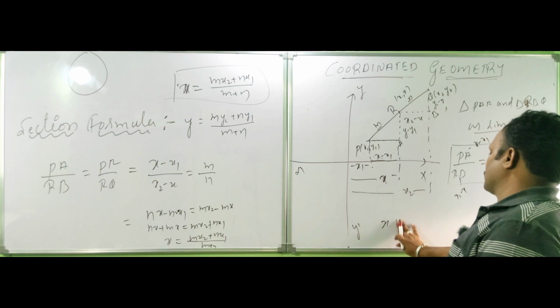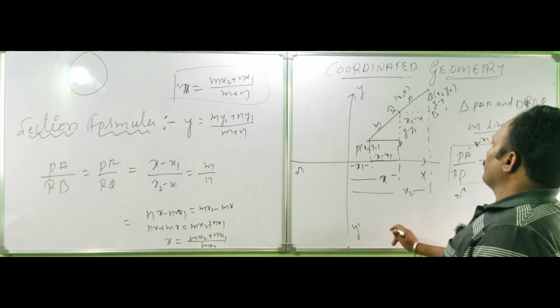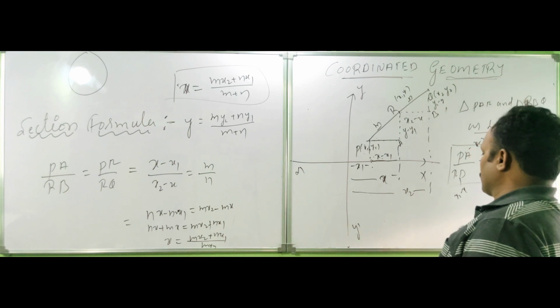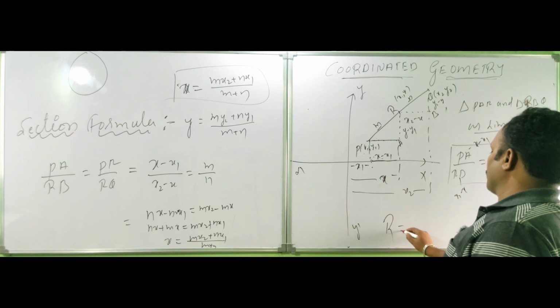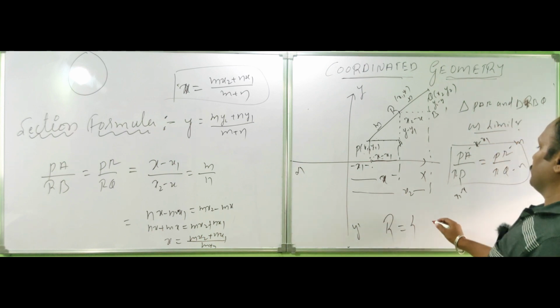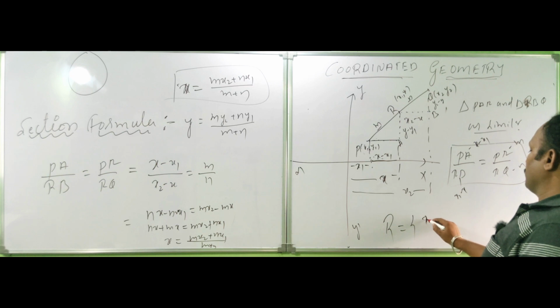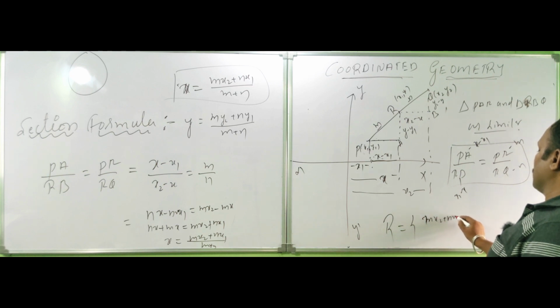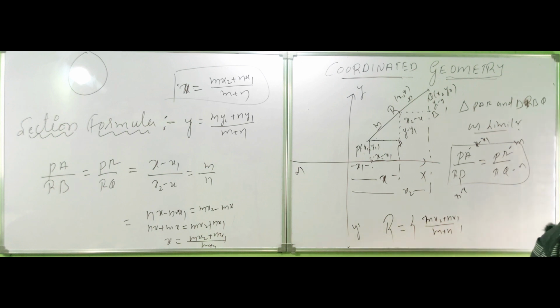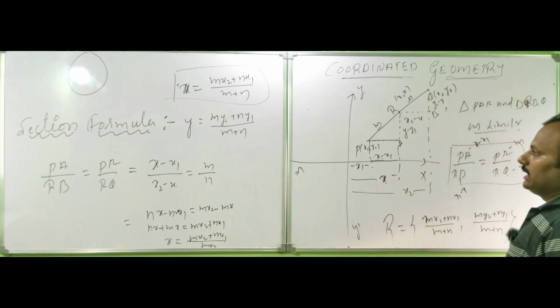The point R, what is R equal to? R becomes mx2 plus nx1 divided by m plus n, and my2 plus ny1 divided by m plus n. This is the formula for internally dividing.